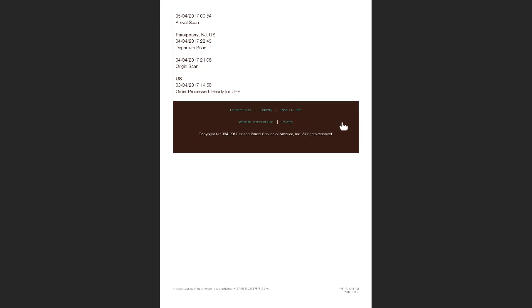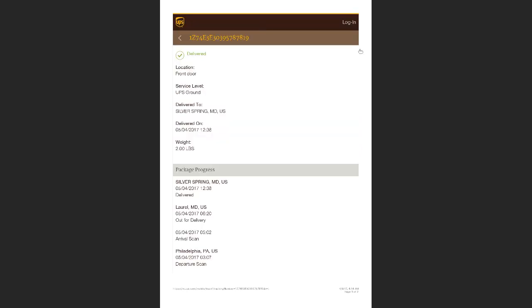For example, if you go at the bottom you see on 3rd of April 2017 at 14:58, the order was processed and ready for UPS, and then it went first to New Jersey, USA, on the 4th of April at 10:45. Then it continued on its journey again here. You see the next location was Philadelphia, and it was scanned. So this was real time.